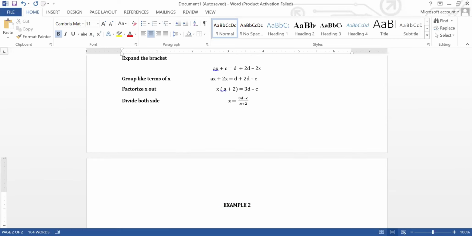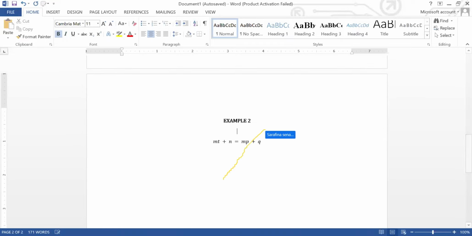So example 2 is posed like this. He asks us to make M the subject of this. So, solution.